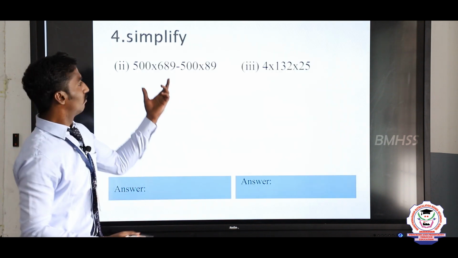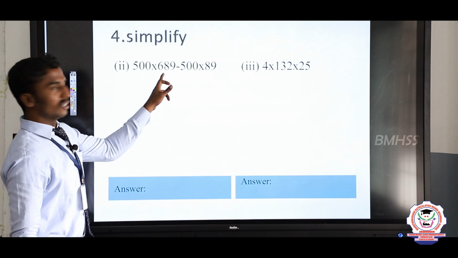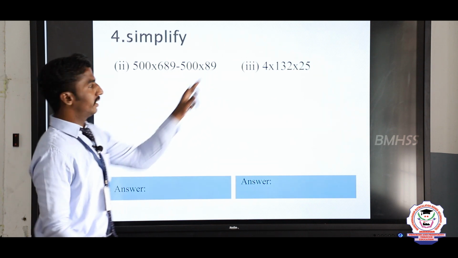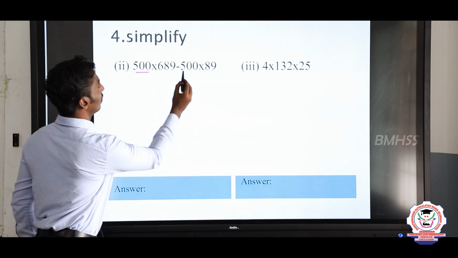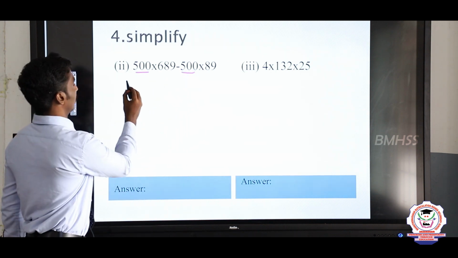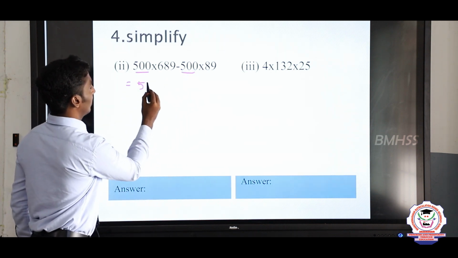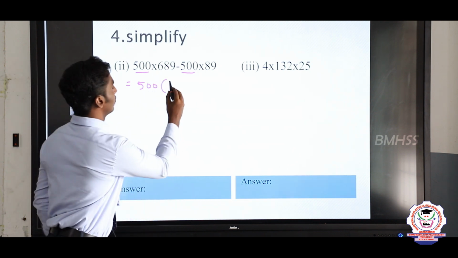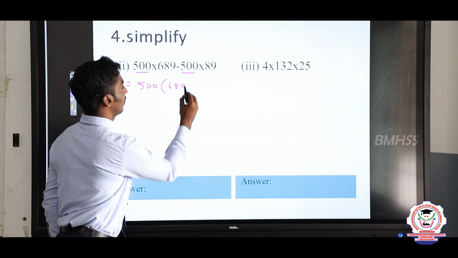Last one, simplify. 500 into 689 minus 500 into 89. Here the common number is 500. Take out this 500, remaining 689.